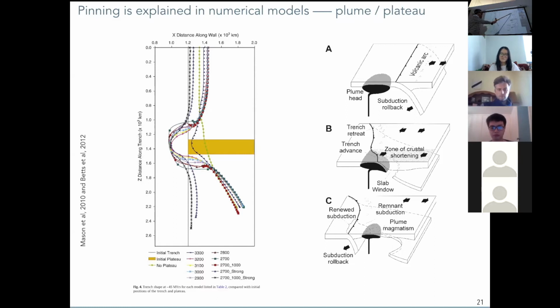So we were asking the question of what happens when a plume head and a subduction zone start to interact. And we viewed it in terms of this congested subduction idea that we had seen from modeling plateaus. We argue that the anomalous buoyancy here tends to fight the subduction zone, so we start to see advance. The rest of the system retreats.